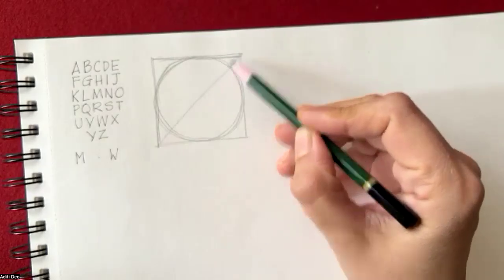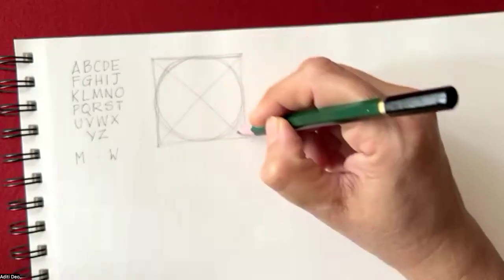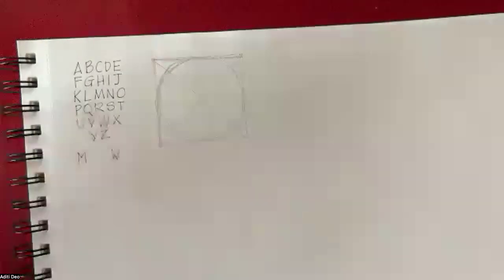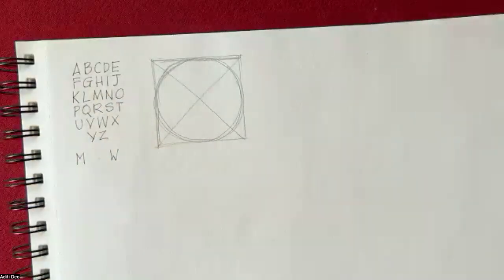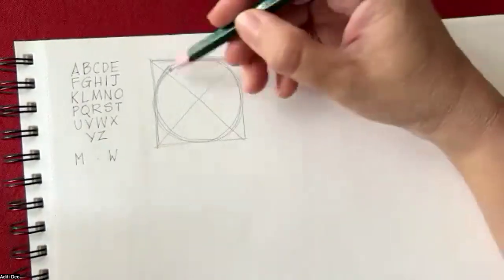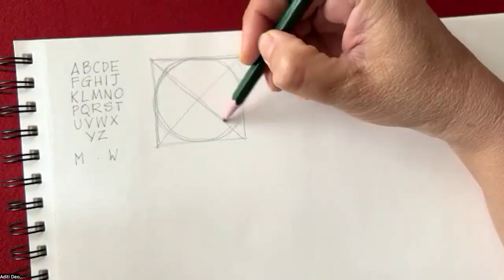And we will draw two lines across. So this is the basic shape that we are going to work with. Now in this shape, we are going to make three different types of letters.